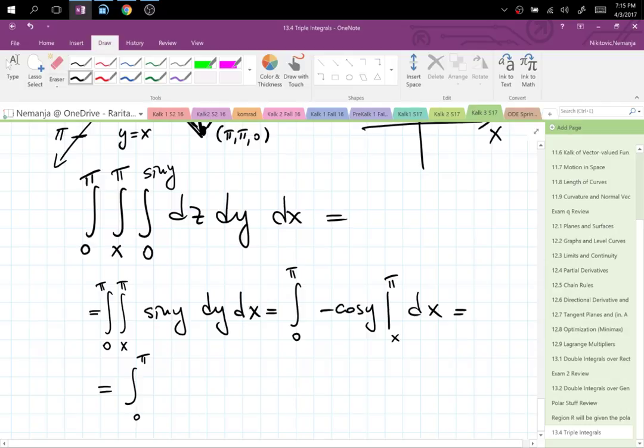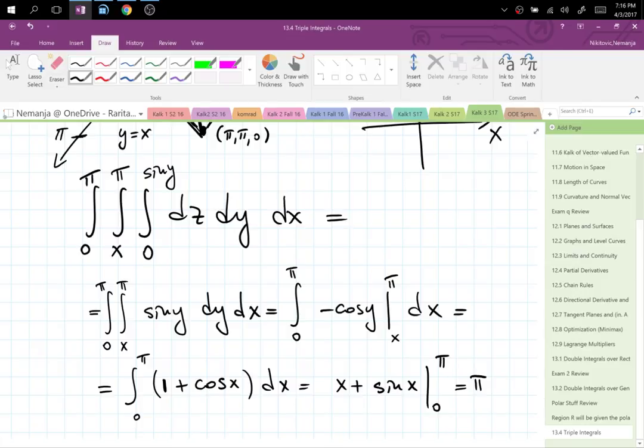Cosine of pi is negative 1, and then a negative there becomes positive 1. And then minus and minus makes a plus cosine x over here. And we are supposed to integrate this dx now, which gives us x plus sine x from 0 to pi. And the whole thing becomes pi because both sine of 0 and sine of pi are 0.